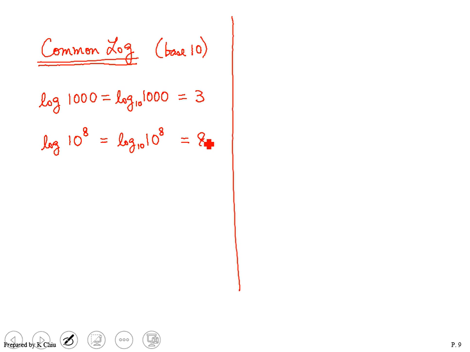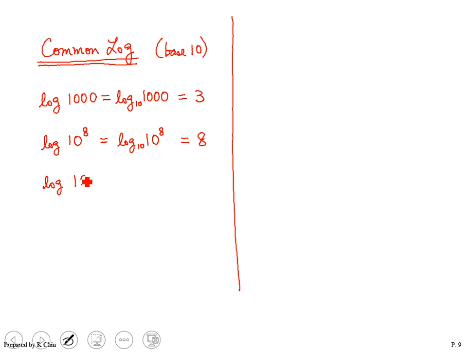Now maybe I'm going a little bit fast. This is just like the previous problem. We are thinking of 10 raised to the question mark equal to 10 to the 8th power. So what is the question mark? It would be 8. How about log 10? Just simply log 10.